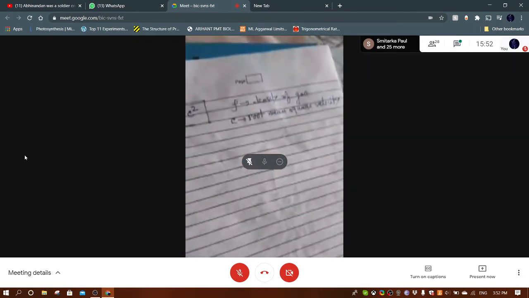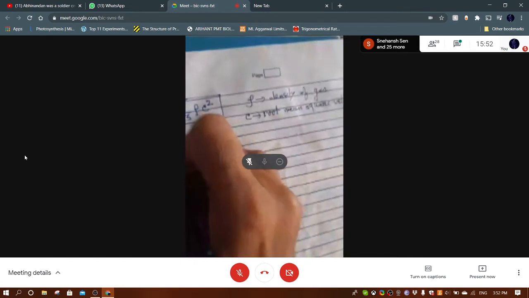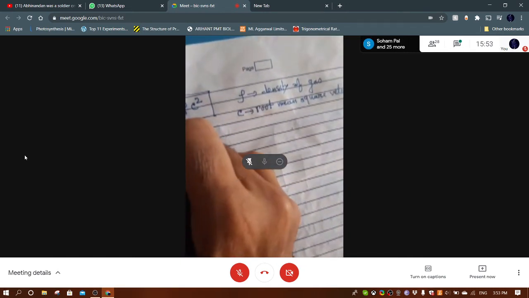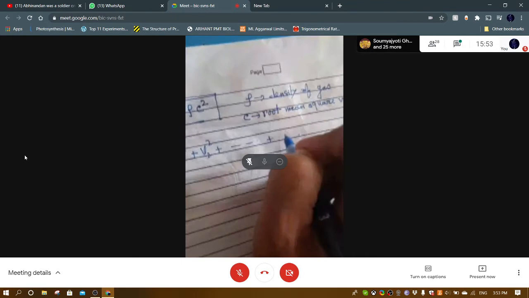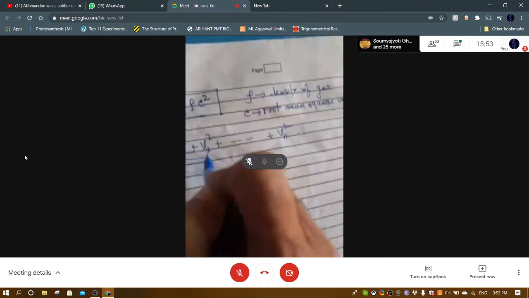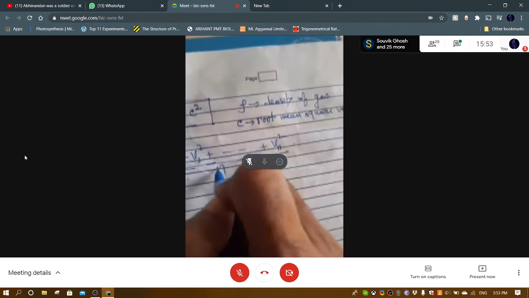So for that, what we do basically, velocity is a vector quantity. So we take the square of this, means v1 square plus v2 square plus so on, vn square, so there are n number of molecules, divided by n, the number of molecules.